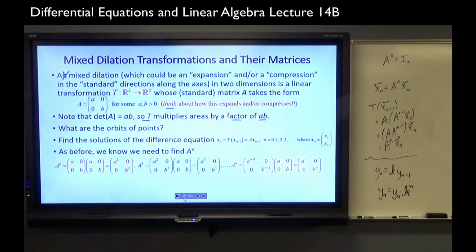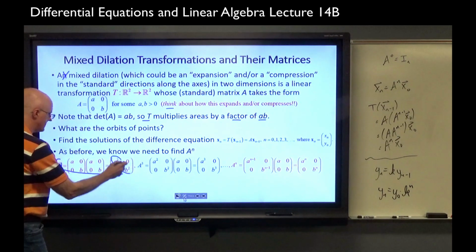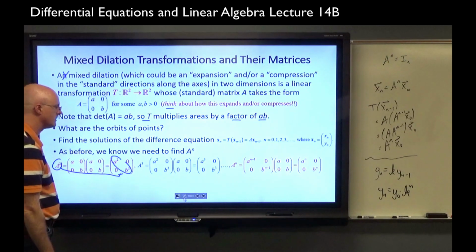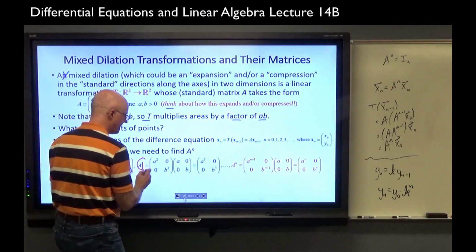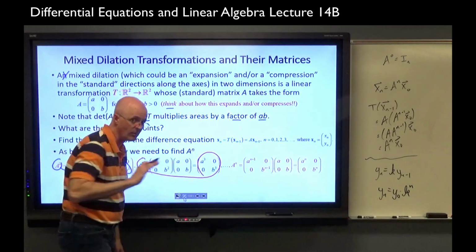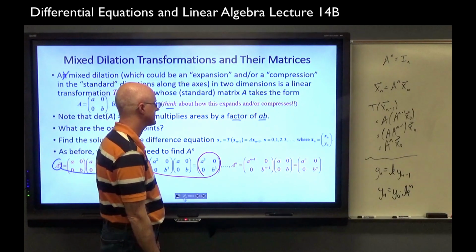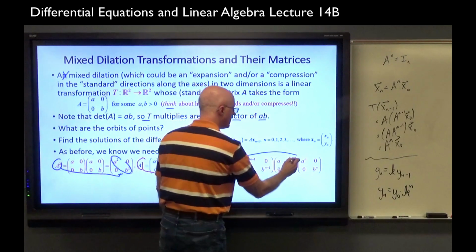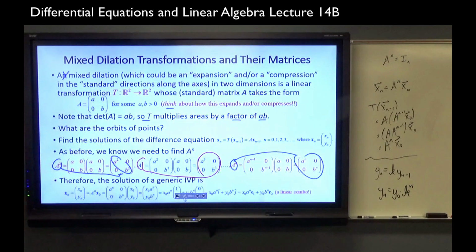And we still can raise the entries on the main diagonal to those same powers and leave the other numbers as zeros. That still works in this setting. It doesn't work in general. You can even try examples to see that it doesn't work in general. So A to the n is this. And that does allow us to solve the generic IVP.